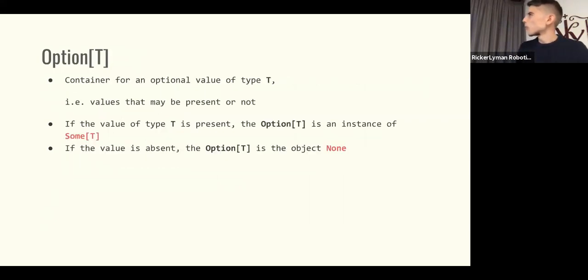So this is just a container which describes optionality of value. And if the value of type T is present, we use Some, which is a case class basically. We build a value, present value. And if it's absent, we use None.